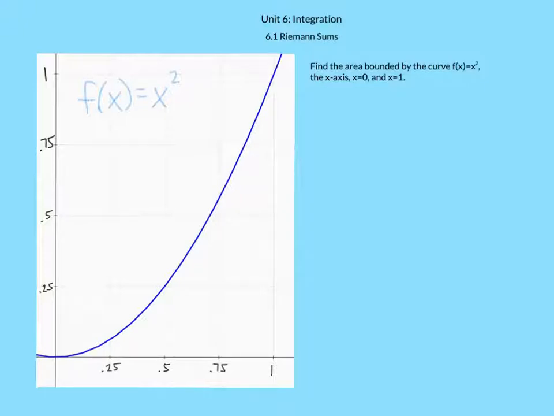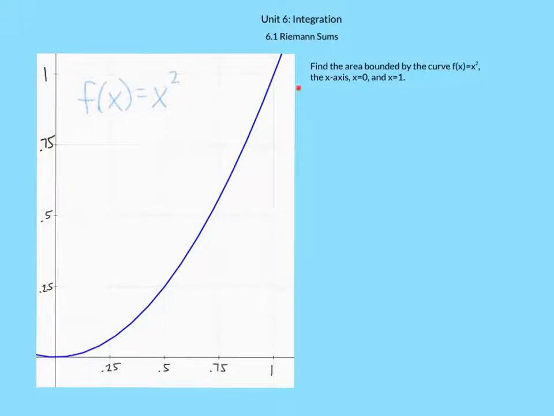So we can have 3 different types of Riemann sums: left, right, and midpoint. We're going to go over those 3 in today's lesson. It's really not a difficult idea. The main idea that you have to remember is that the area of a rectangle is base times height. That's it. If you can remember that, then you can find a Riemann sum.